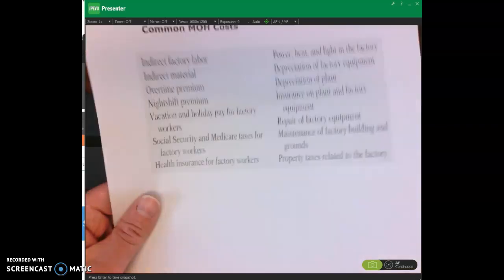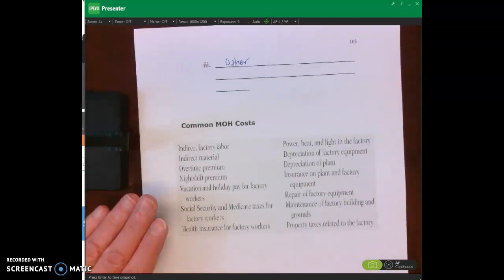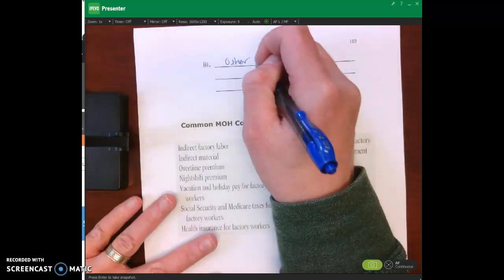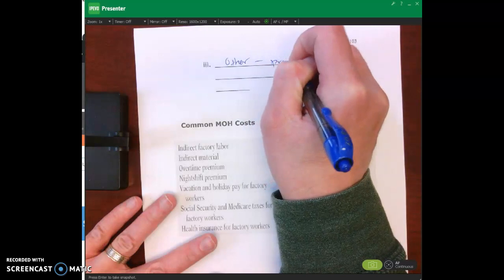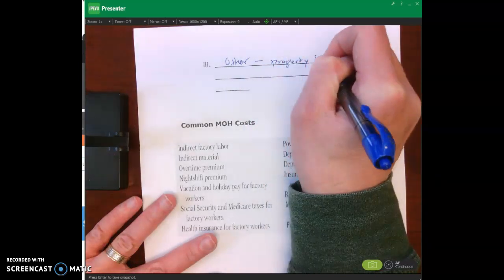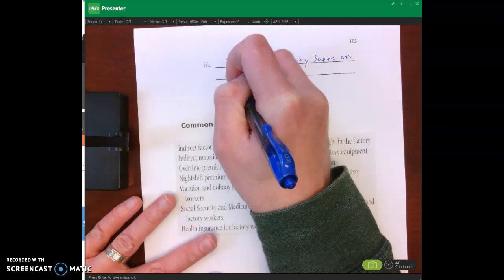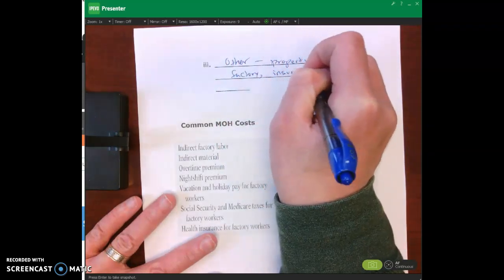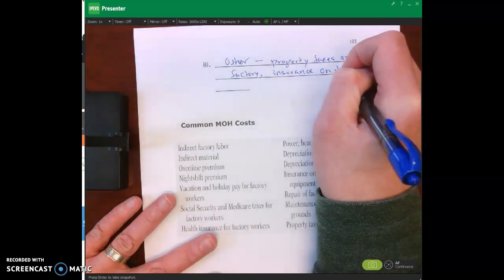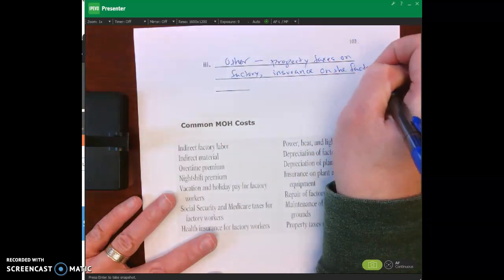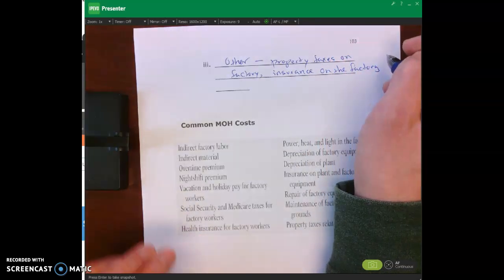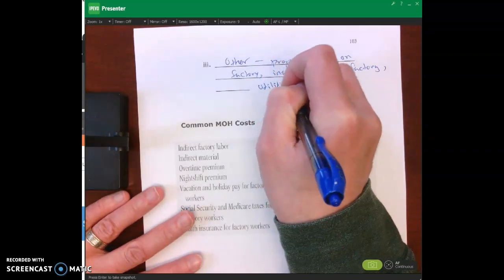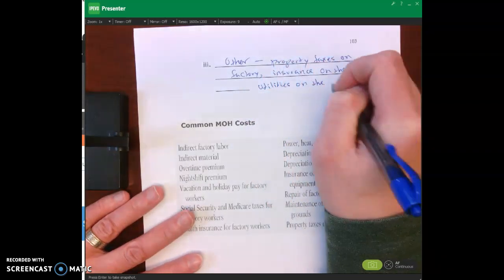And then finally, our last category is kind of a catch-all. It's considered other. So we could say examples: property taxes on factory, insurance on the factory as well, and then finally, another example would be utilities on the factory.